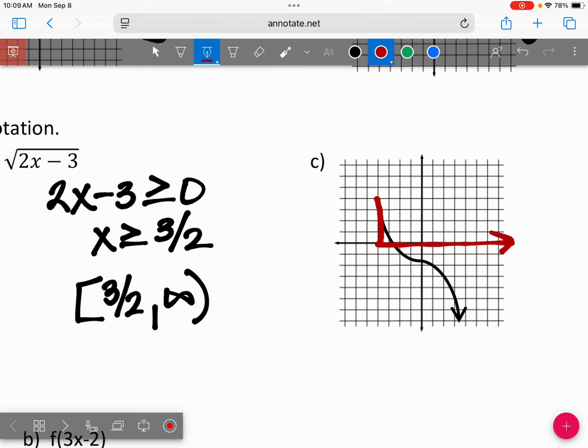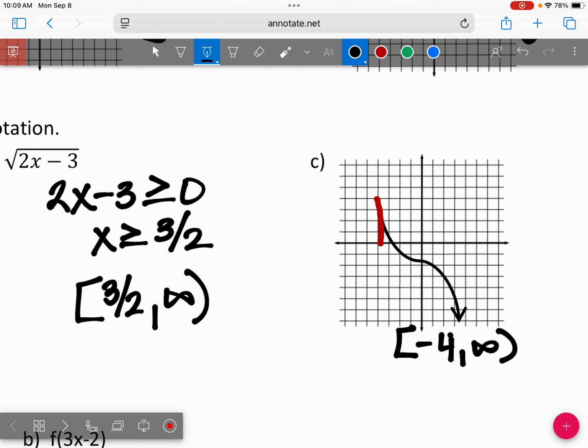So for this function, it would be -4 to infinity. That's my domain. Now I know that it didn't ask me for the range, but I'm gonna just talk about it really quickly.